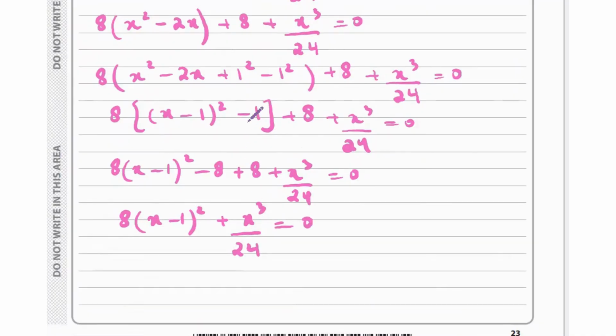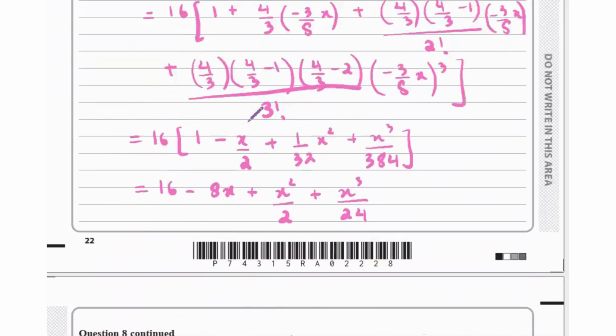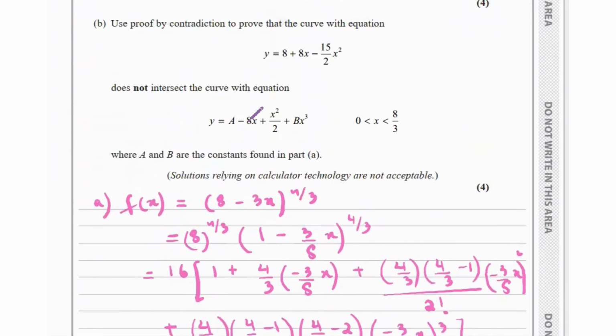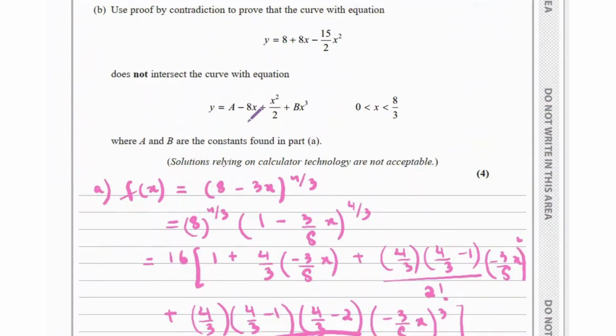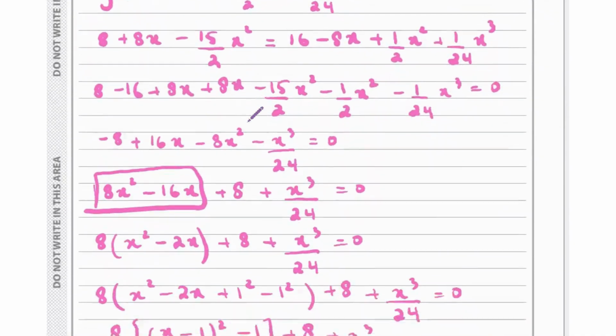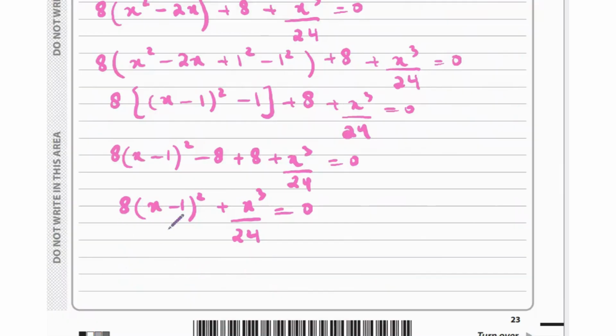So the question said that we have to prove that they don't intersect. So if we notice, since we have the equation in completing square form, we know that x equals 1 is one of the values.